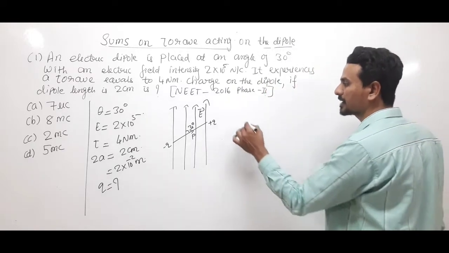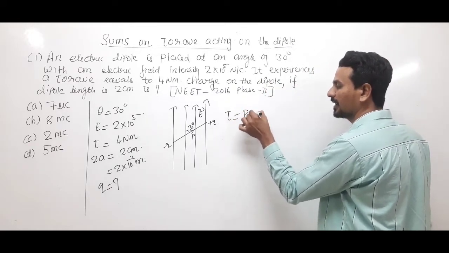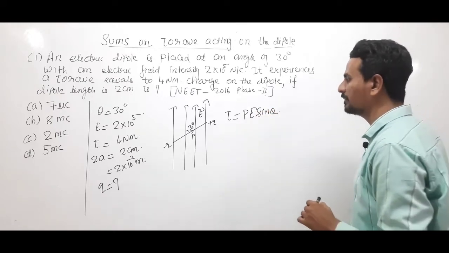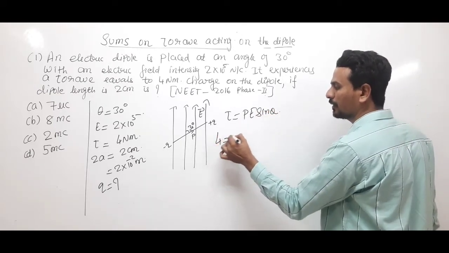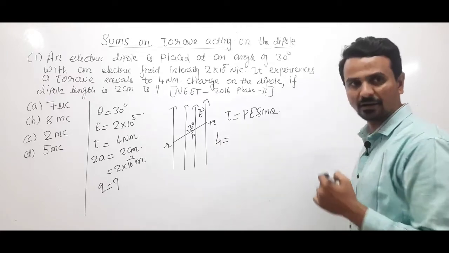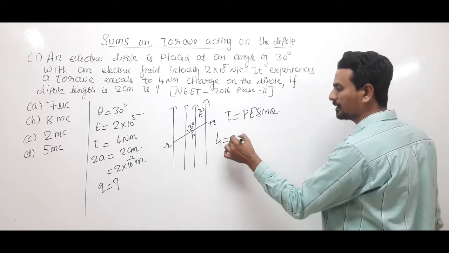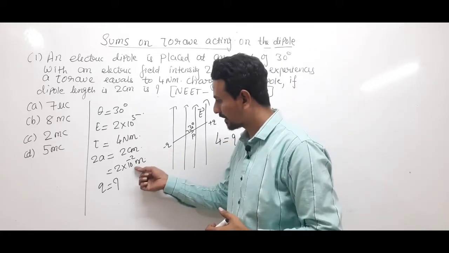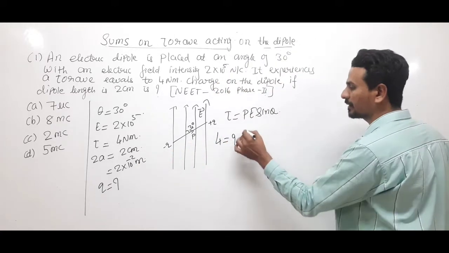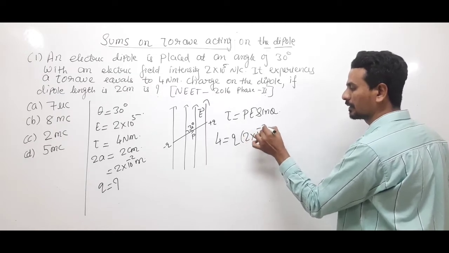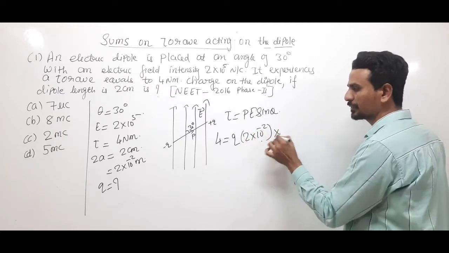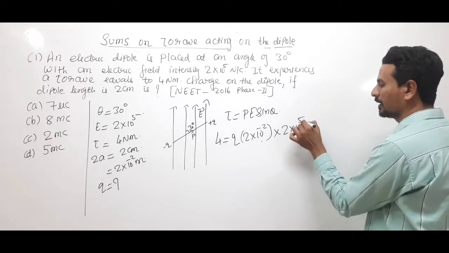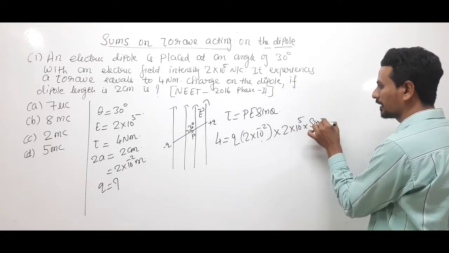We have been told to calculate the charge on the dipole. We know that the torque acting is pE sin theta. Torque is equal to 4. P represents the dipole moment, which is charge into length, charge into the distance between the charges. So the distance is given as 2 centimeter, into the electric field, which is given as 2 into 10 raised to 5, into sine 30 degrees.